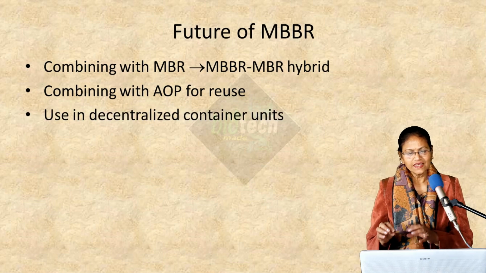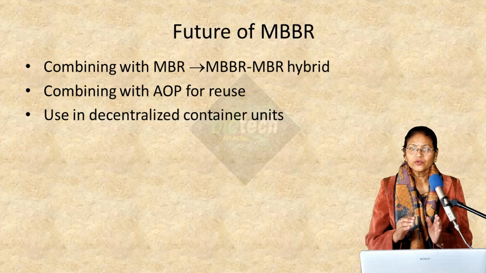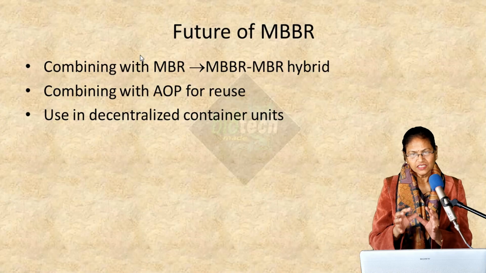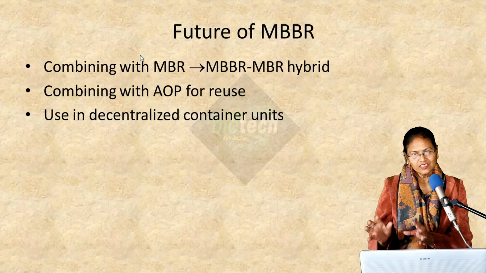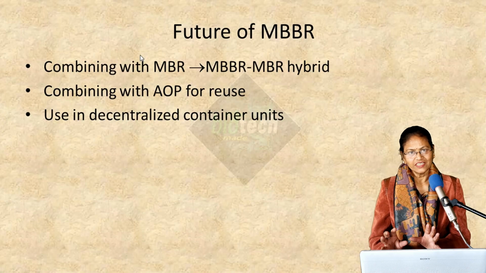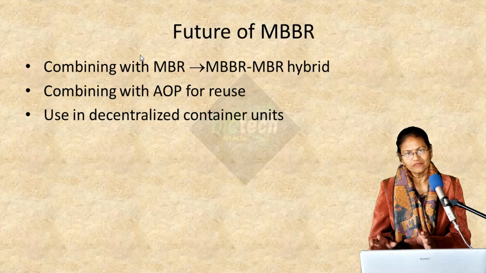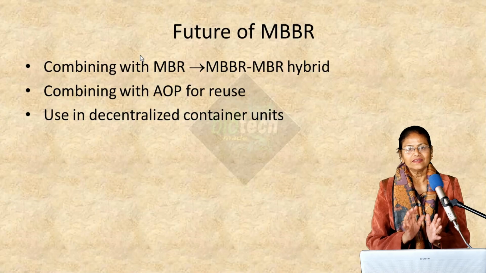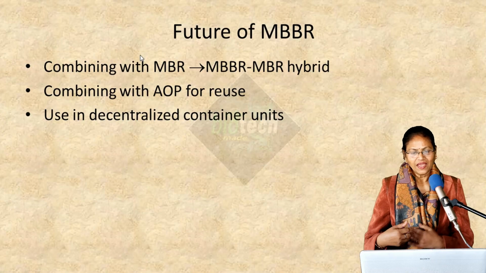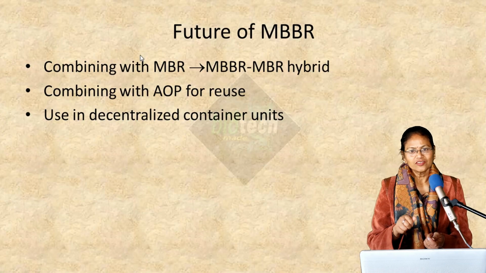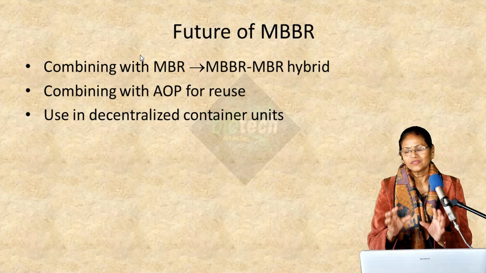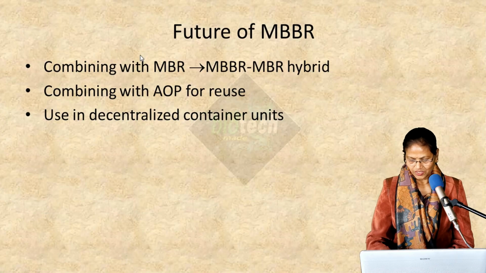Then use in decentralized container units. In future it is possible that small ready-to-use container units will be prepared, and they can be taken and installed at any decentralized place. This will be plug-and-play kind of units, so they can be installed anywhere and used.